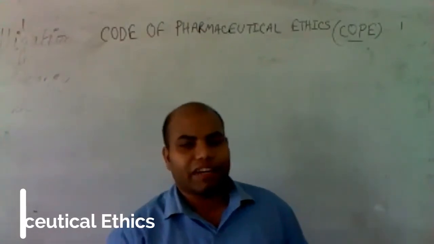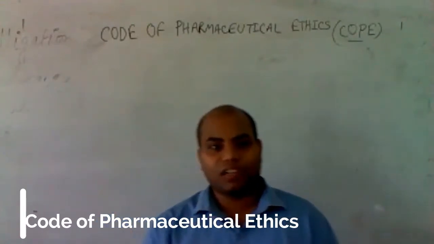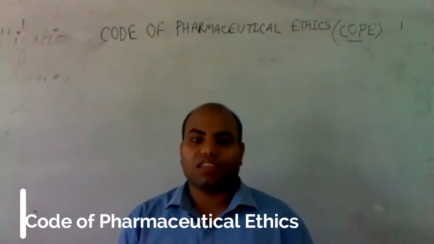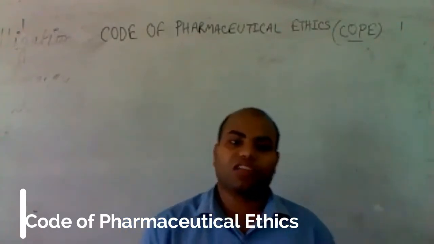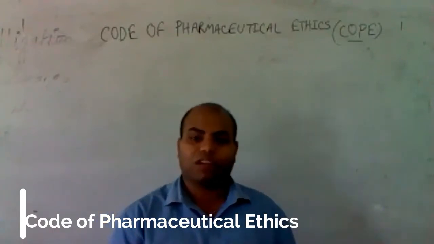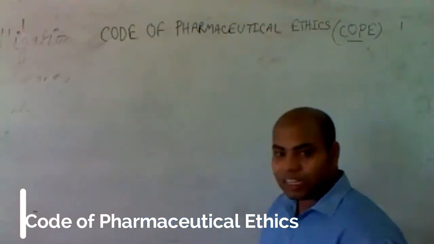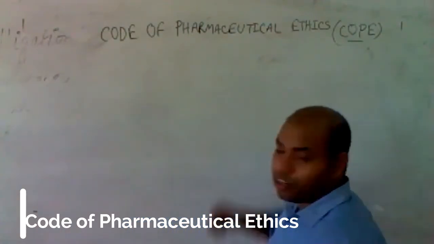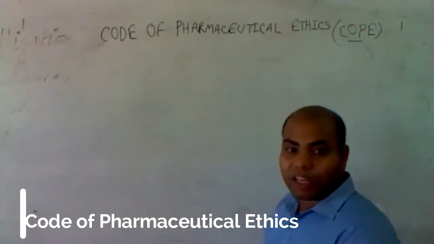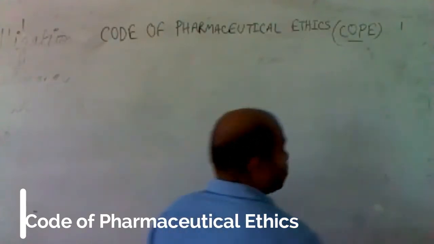As we have studied earlier, the Code of Pharmaceutical Ethics, the new chapter under Unit 1, the Code of Pharmaceutical Ethics, that is the science of moral or the Code of Moral Principles. So we have looked at, in the earlier lecture series, the definition of ethics, one example of ethics, as well as the classification of code of pharmaceutical ethics.